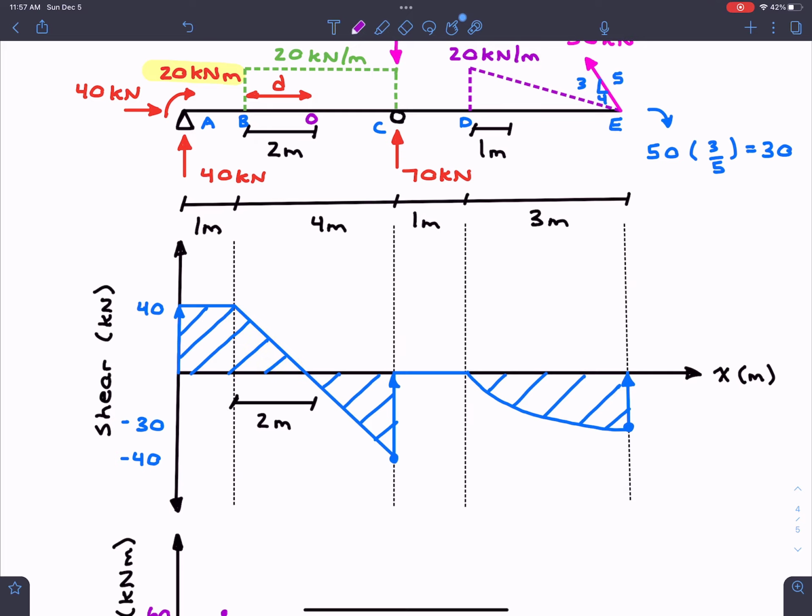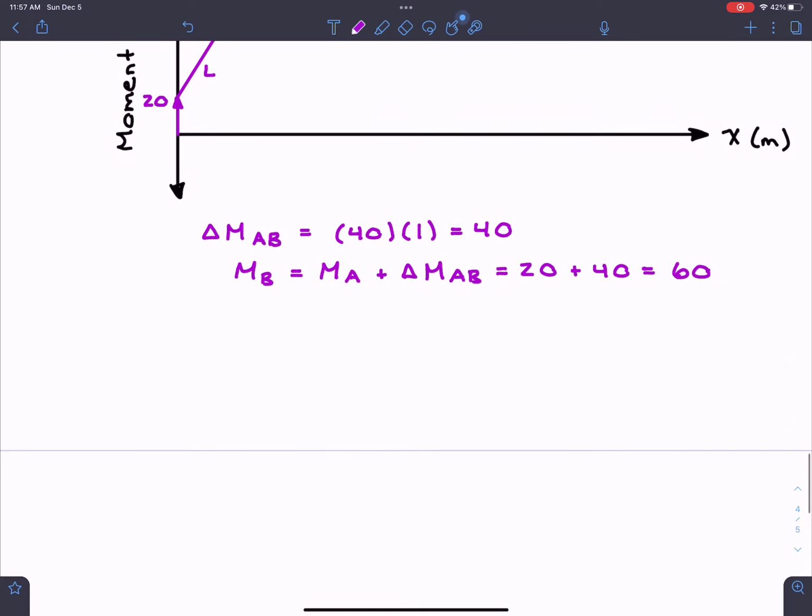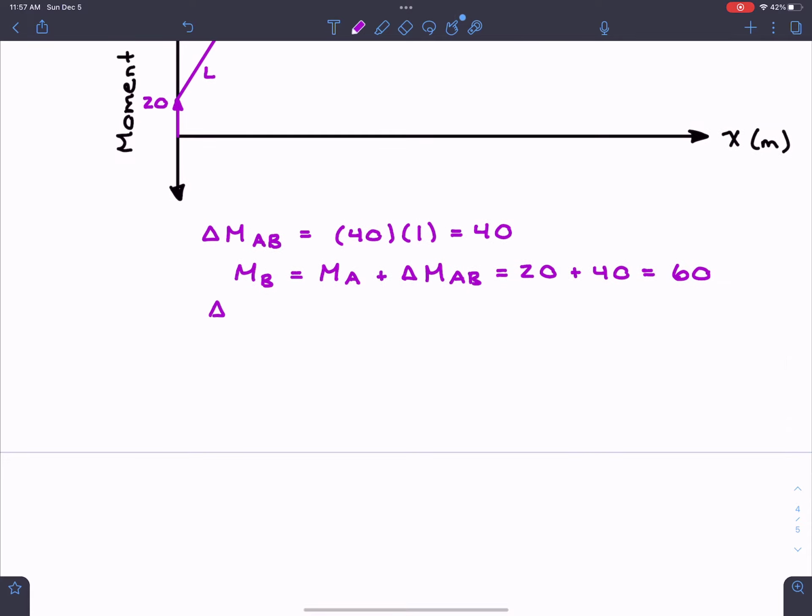So the change in moment between B and 0 is going to be 1/2, again triangle, the height is 40 and the base was 2, so we get 80 divided by 2, which is 40.